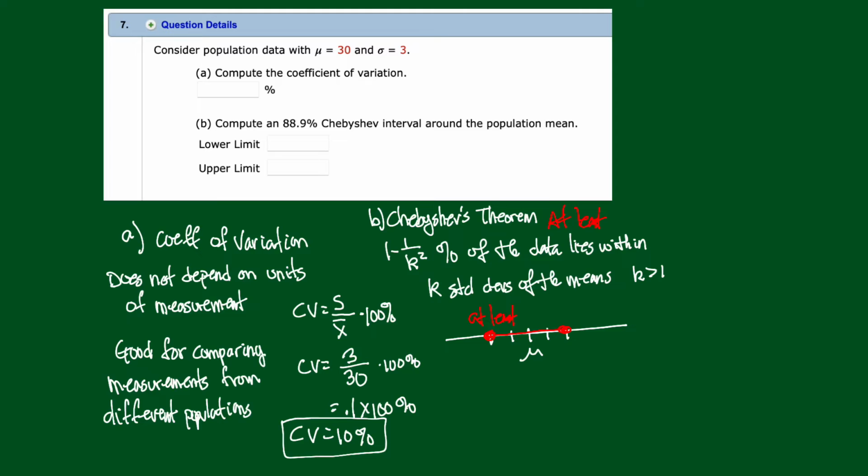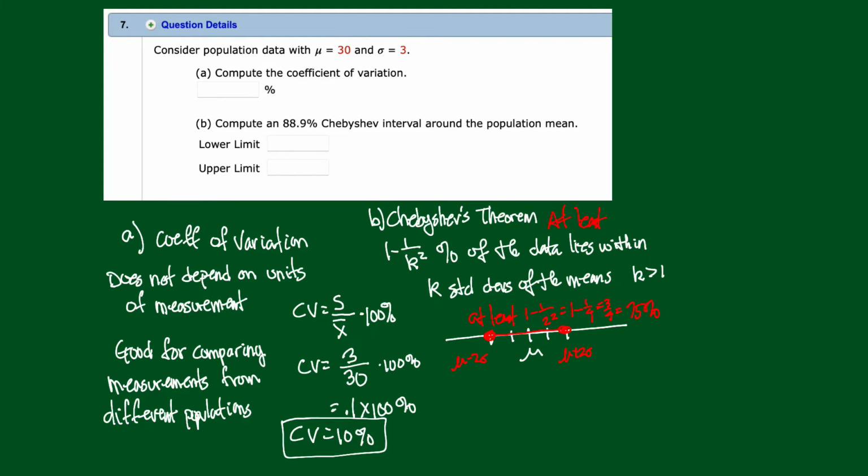So if we go out 2 standard deviations, the mean minus 2 standard deviations, and the mean plus 2 standard deviations, we would get at least 1 minus 1 over 2 squared, 1 minus 1/4, 3/4, that's equal to 75%.